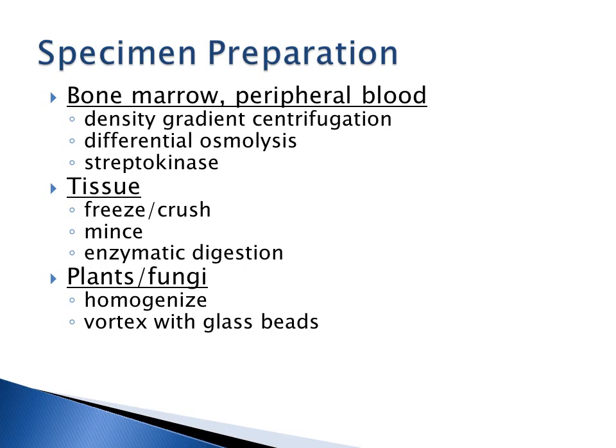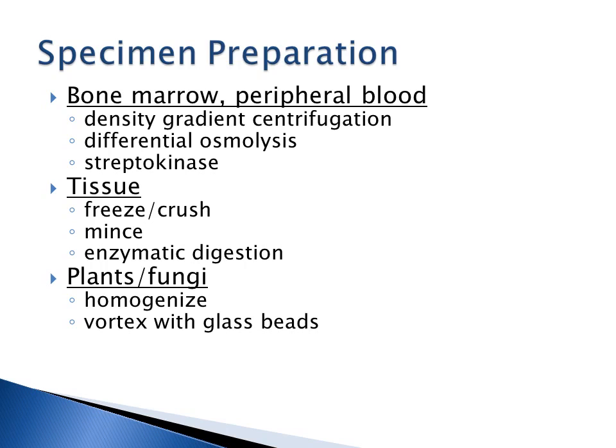Different specimens need to be prepared in order to extract the nucleic acids. So if you have a bone marrow or a peripheral blood specimen, you usually are going to have to do a step before you actually perform the extraction, and we're going to talk about these.